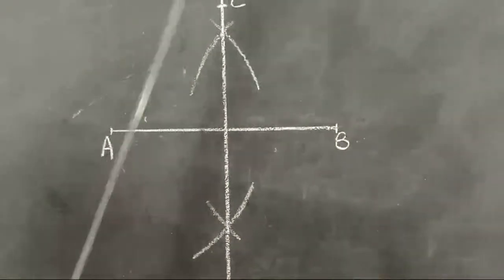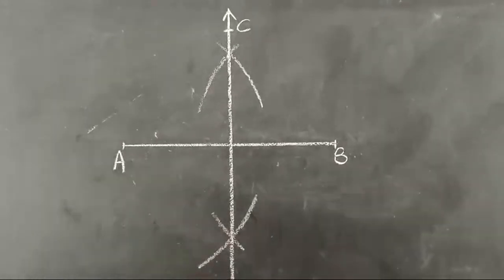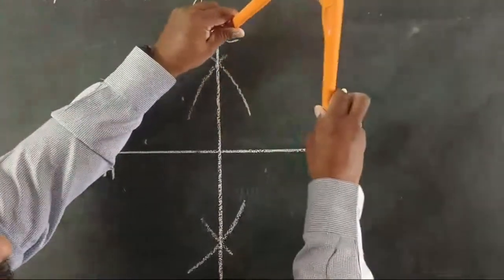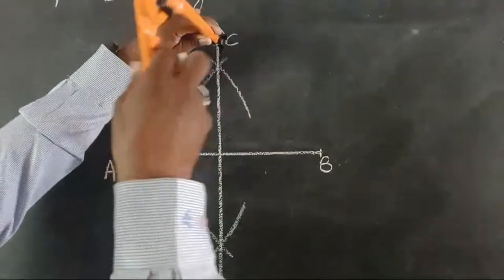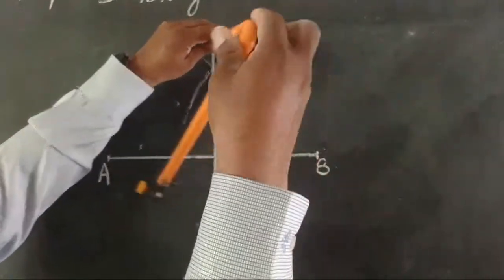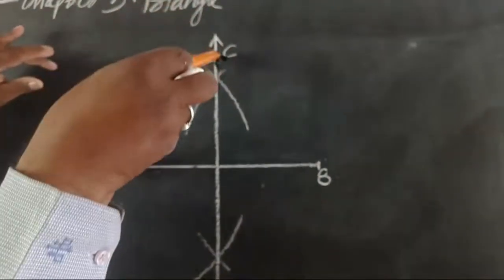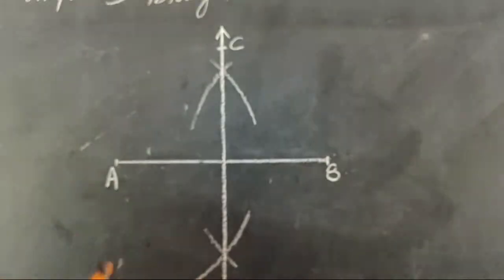These two distances we check here with the help of a compass. Both distances, BC and AC, are similar, equal.